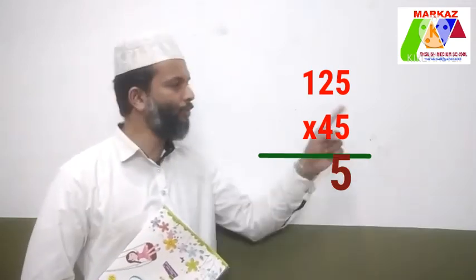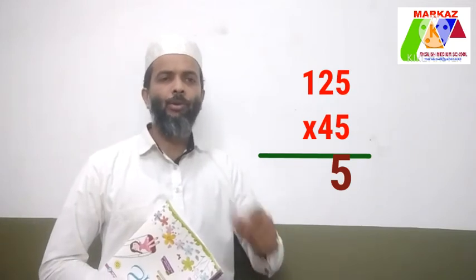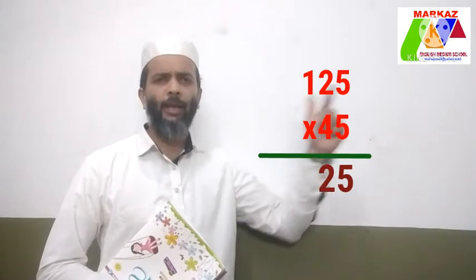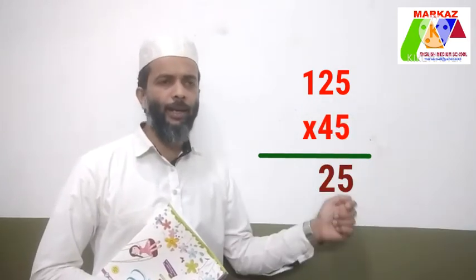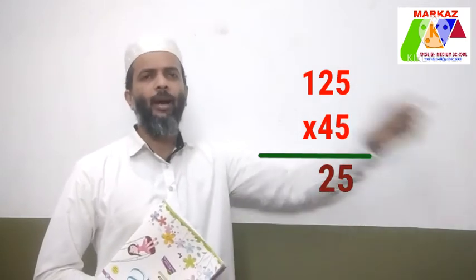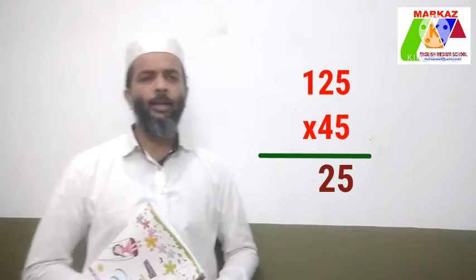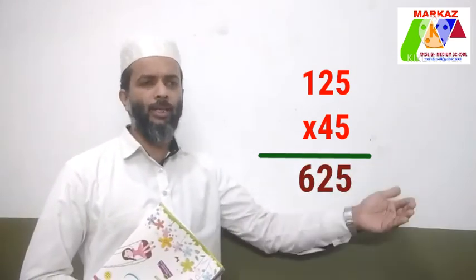Write 5 in ones place, 2 in tens place. 5 into 2 is equal to 10 plus carry number 2 is equal to 12. Write 2 in tens place, 1 in hundreds place. Then again 5 into 1 is equal to 5 plus 1 is equal to 6.